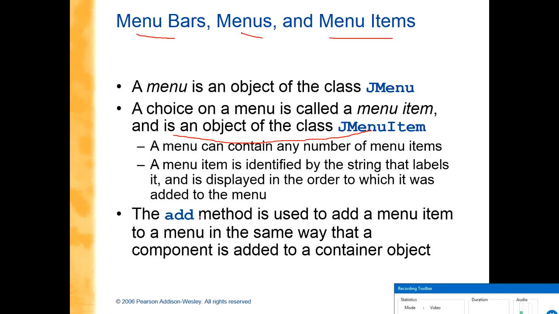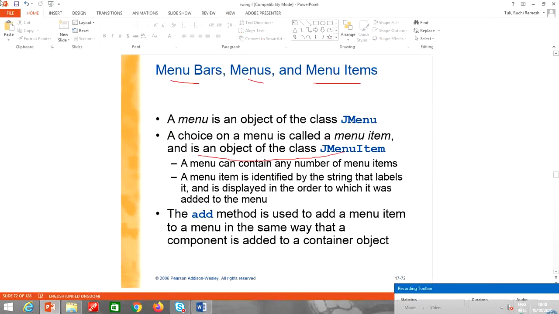Now the add method is used to add a menu item to a menu, in the same way we used to add a component to the container object. Alright, let's go back to our PowerPoint. Let's consider over here, for example, file, home, insert, design, transitions, these are all menus.